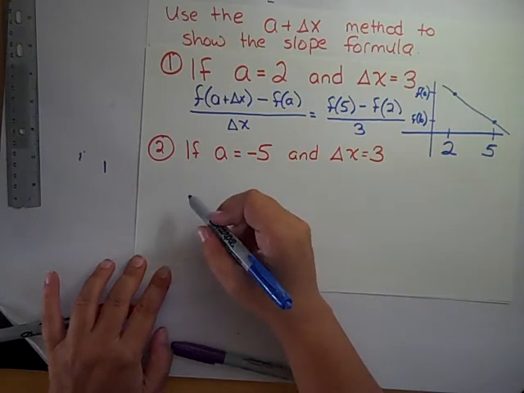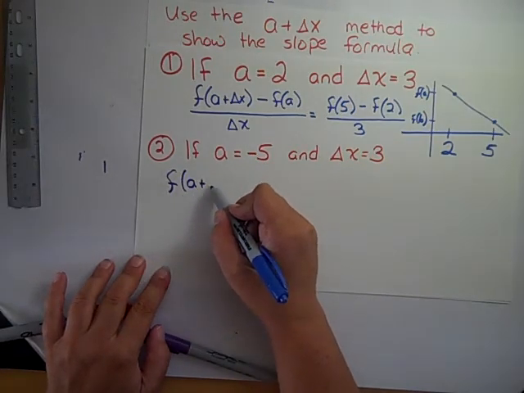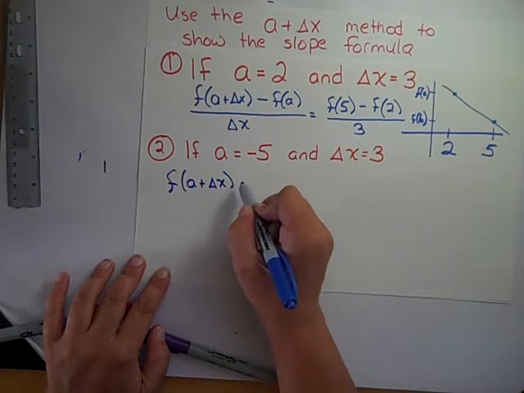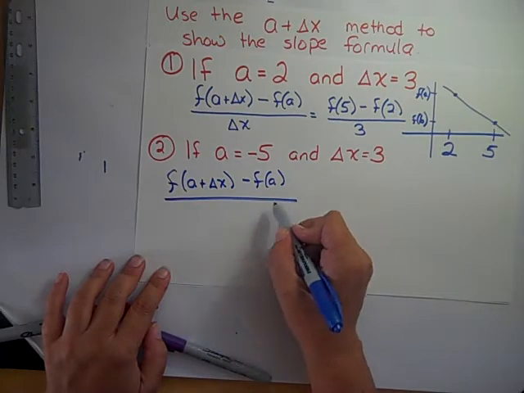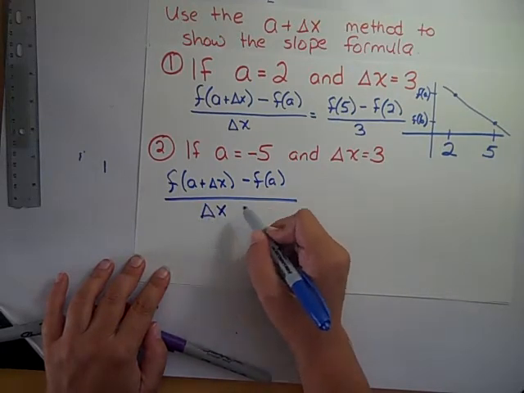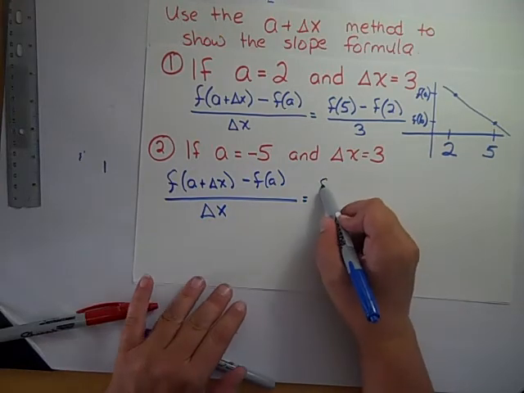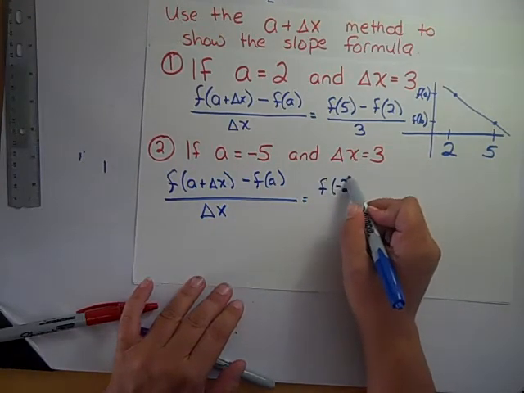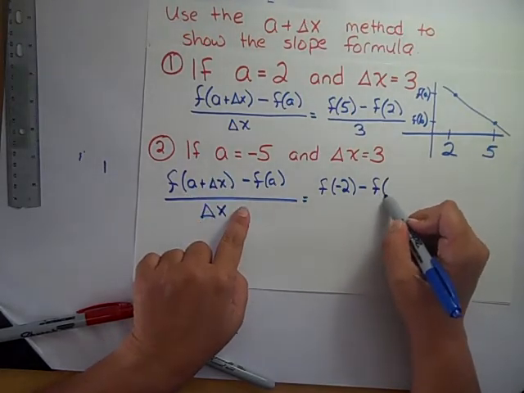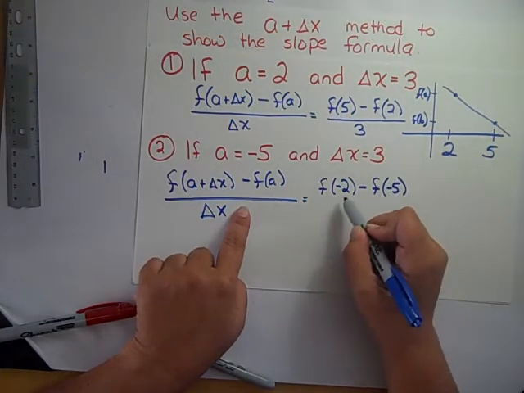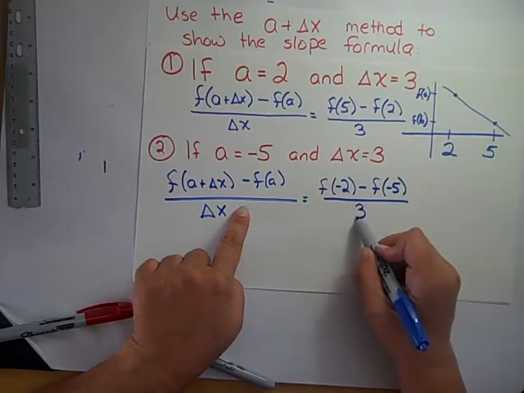Again, you'd want to write out the formula: slope equals f of a plus delta x minus f of a over delta x. What is a plus delta x? It would be f of negative 2 minus f of a, over delta x, which is 3.